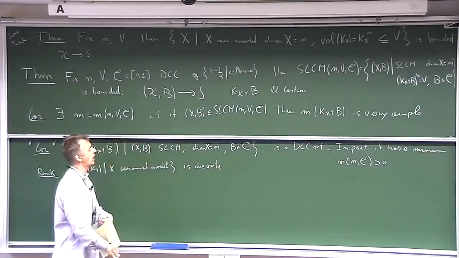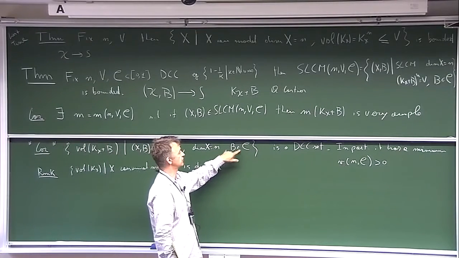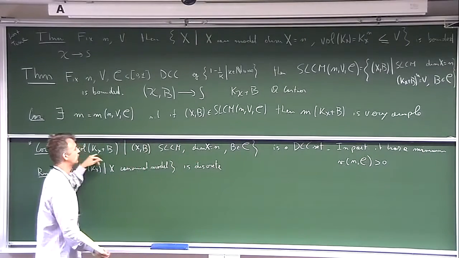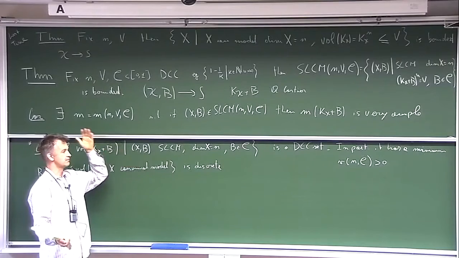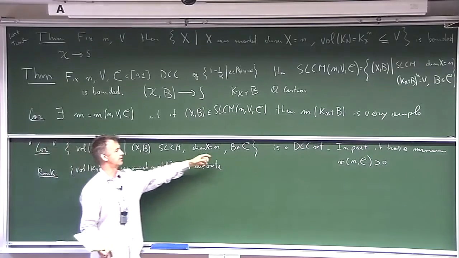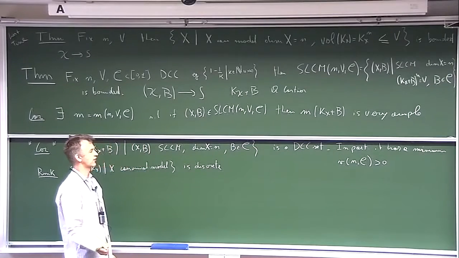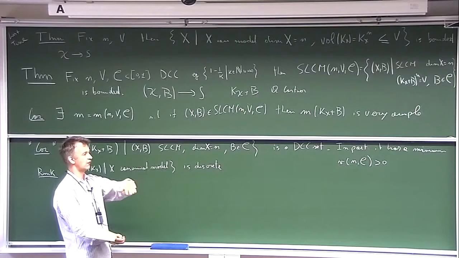And you may say, well, you're allowing coefficients in a DCC set, so it's not a surprise that the set of all possible volumes is not discrete. Right? Just take P1 and take some interesting boundaries on P1, three points with coefficients 1 minus 1 over n, then you get an accumulation point from below for volume equals to 1.